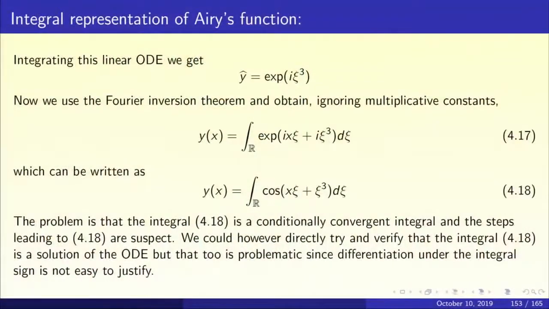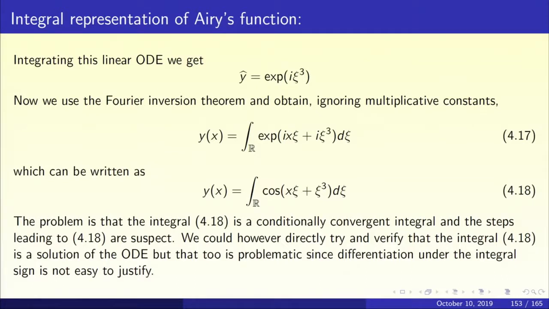Compare this 4.18 with the Fresnel integral, integral of cos of chi squared d chi, that converges. We saw that by integration by parts. Now this one is a slightly more complicated integral. We must first understand whether this integral 4.18 does converge at all. If at all it converges, it's going to converge only conditionally.